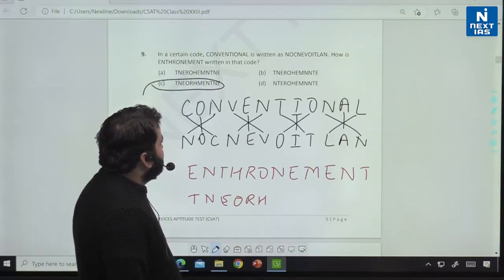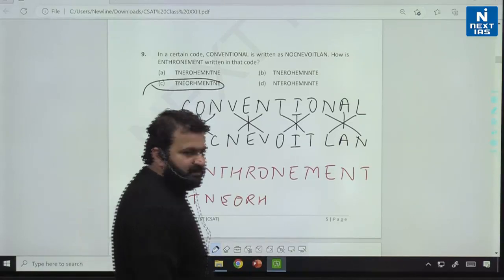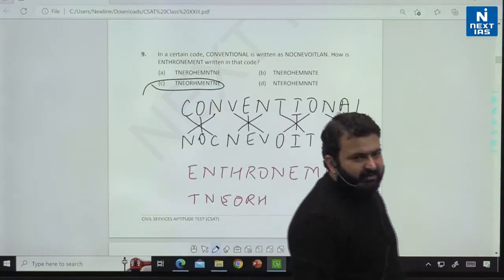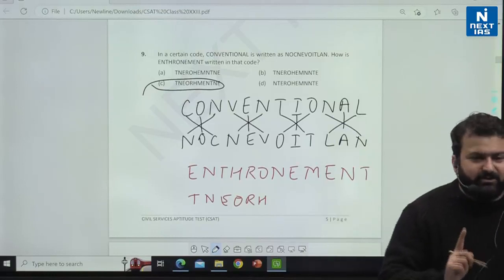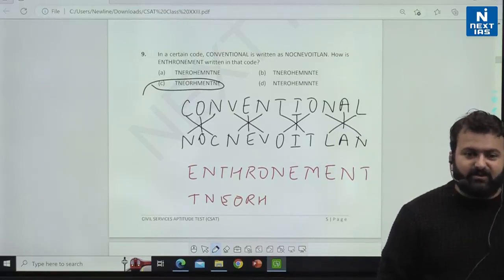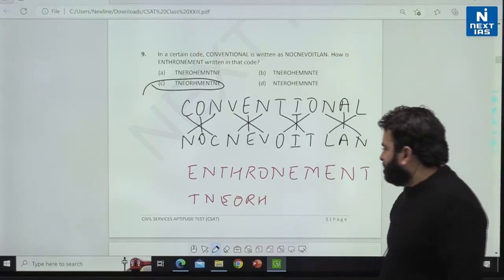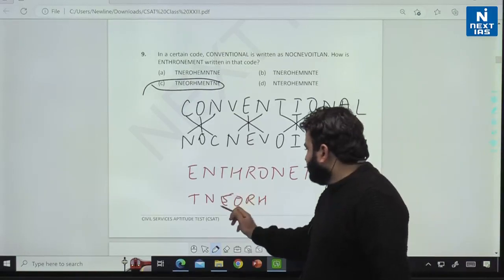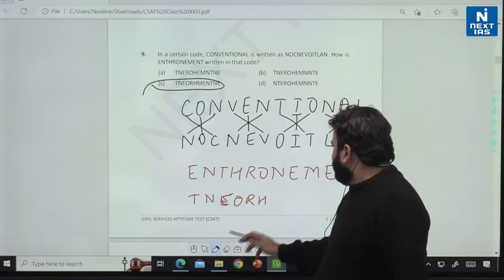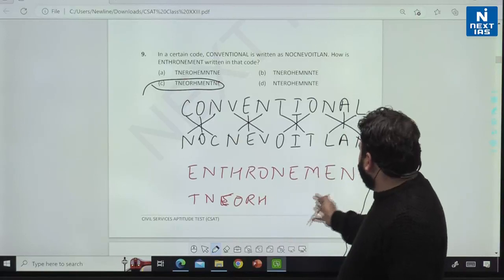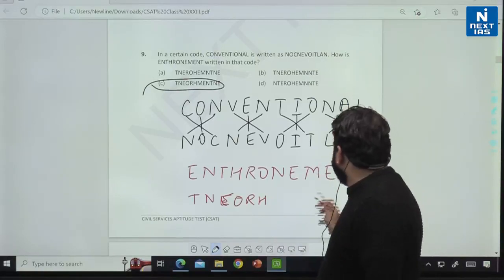Option C. So now there is no need to solve it further. Always look at the options as well. So TNEORH, and then the remaining part.